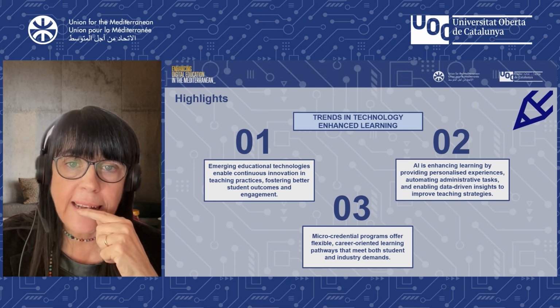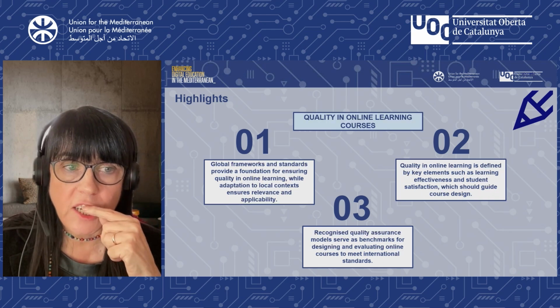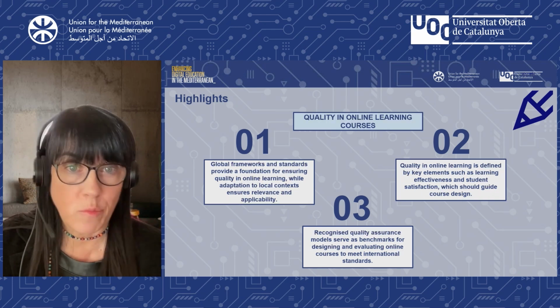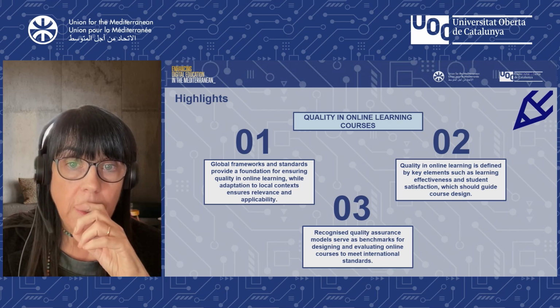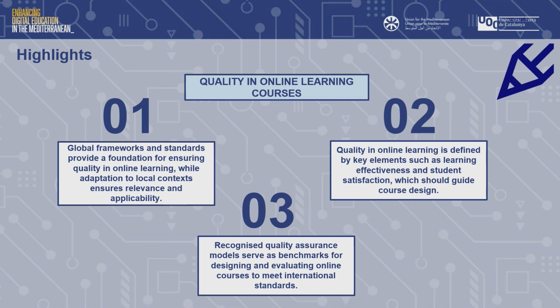And the last three highlights, referring to the last session just finished a few minutes ago about quality in online learning courses, we can highlight that quality in online learning courses is grounded in established frameworks and standards, as you have seen. So ensuring in this sense that excellence and adaptability in diverse educational contexts is needed.